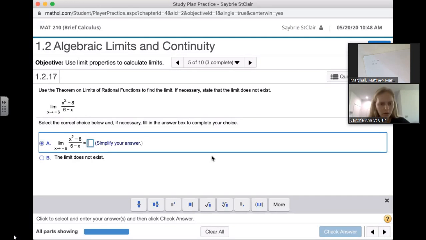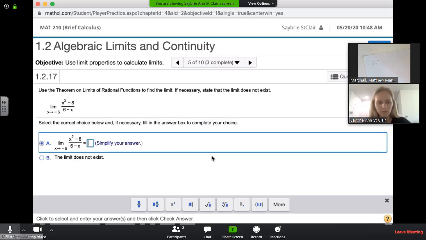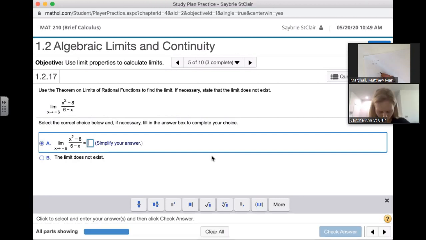So this one's a little harder, where you plug in -6. Plugging in -6 into the top and bottom will give you 36 minus 8 over 6 minus -6, which is 6 plus 6, which is 12.